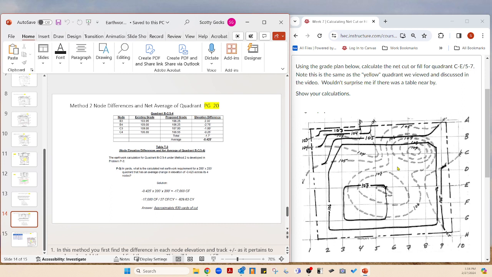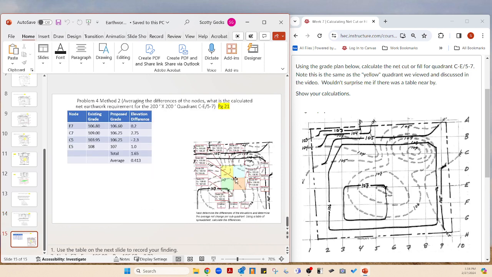Now you need your depth, which is 0.425. Let's use 200, because that's what they did. 200 times 200 multiplied by 0.425 is 17,000, so you've got minus 17,000 cubic feet. You take that, divide it by 27, and you have minus 629 excess cubic yards.